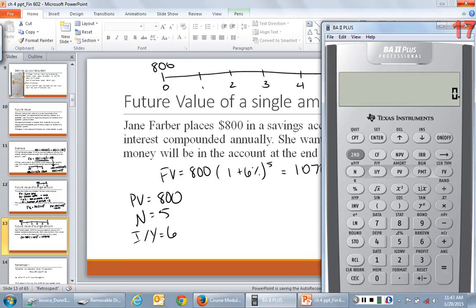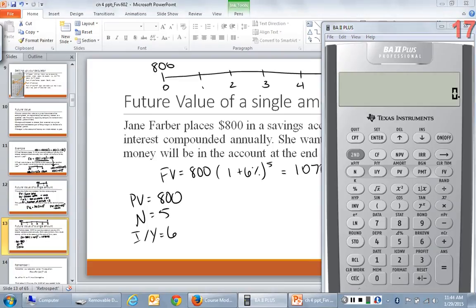First of all, you need to make sure that your time value of money worksheet is cleared. And to do so, if you have a financial calculator, you push second and clear TVM, which is above the future value button.